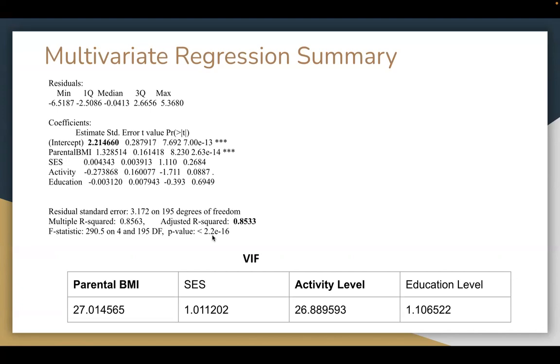But parental BMI seems to be one of the better predictors. Our standard errors can be pretty inflated also because of our high VIF values. So there are some complications when you start adding multiple predictors, as we can see here. But our bivariate model with parental BMI seems to be a really good predictor.